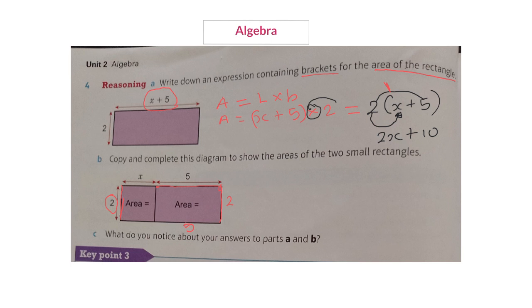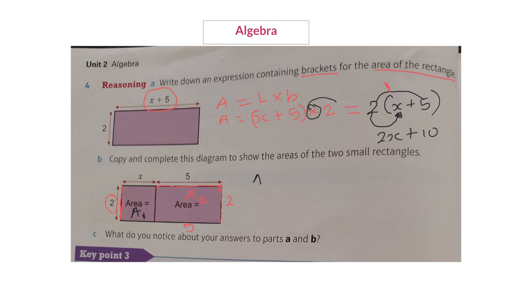So let's call the area of the first rectangle A1, and the area of the second rectangle A2. I'm doing this labeling because I want clarity and to avoid confusion.